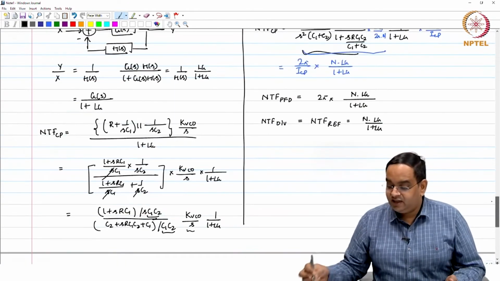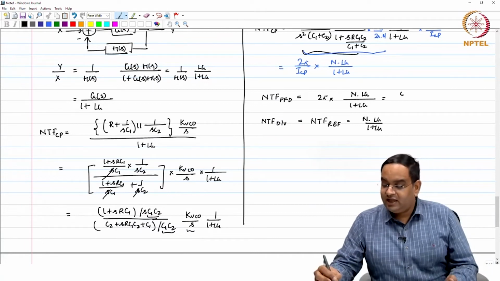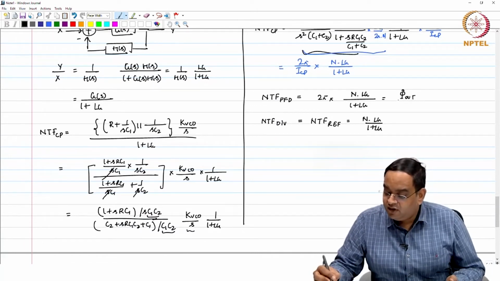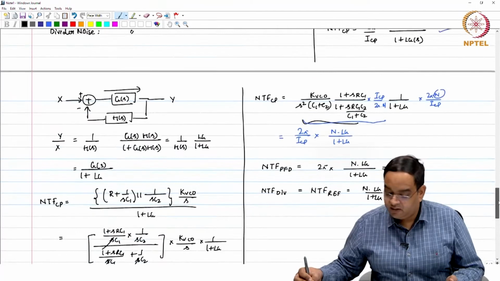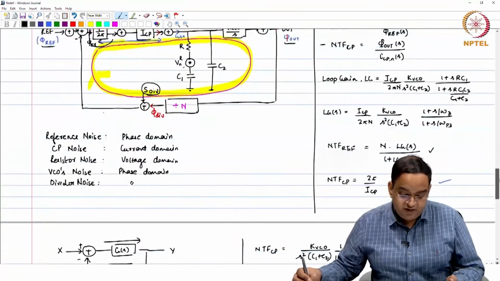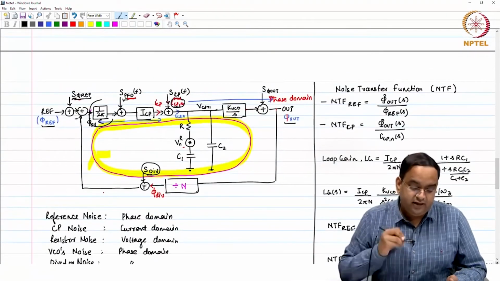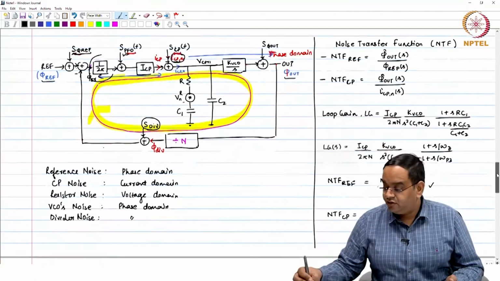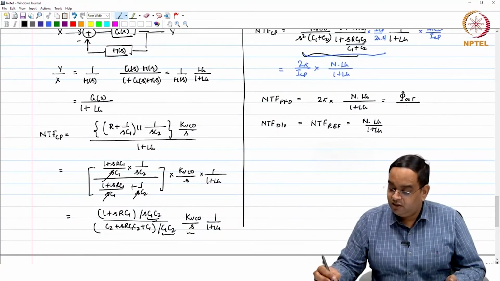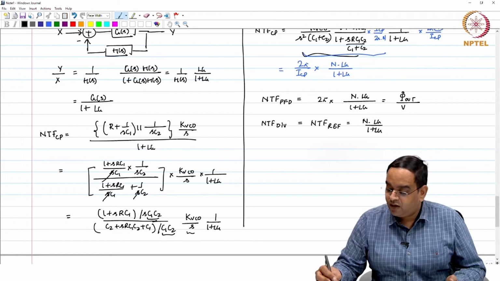Let me write this: NTF of PFD, what we are looking at is phi out divided by the PFD noise which you are adding. So you are adding this particular voltage noise VPFD.